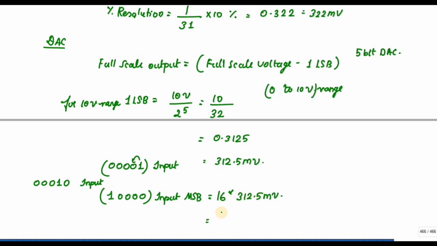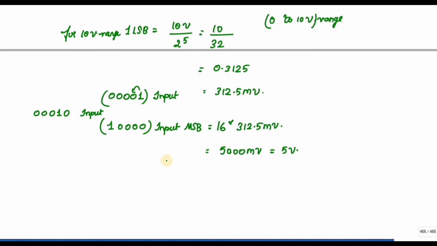What is 16 into 312.5? It is nothing but 5000 millivolt, that is 5 volt.